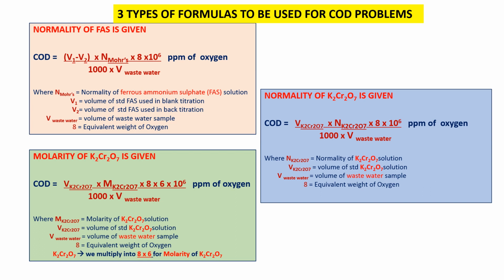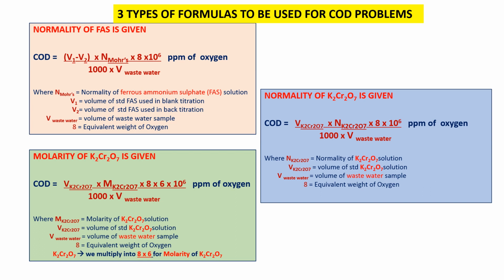So that's why you have to multiply 8, that is equivalent weight of oxygen, into 6. When you consider molarity, divided by 1000 into volume of wastewater. So this is the formula you need to use in case molarity comes.